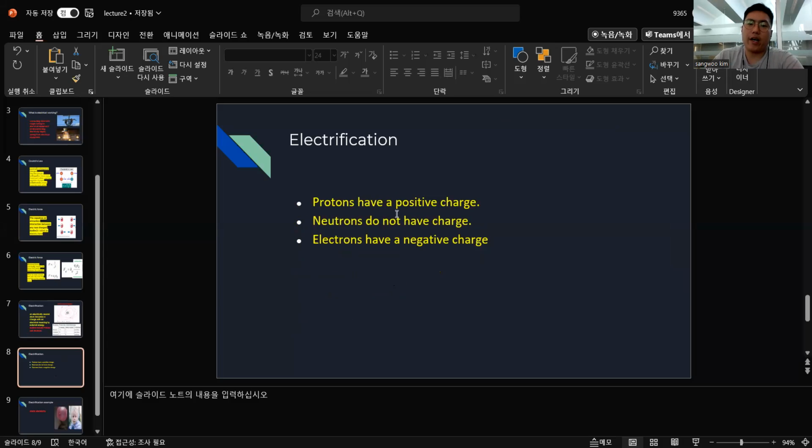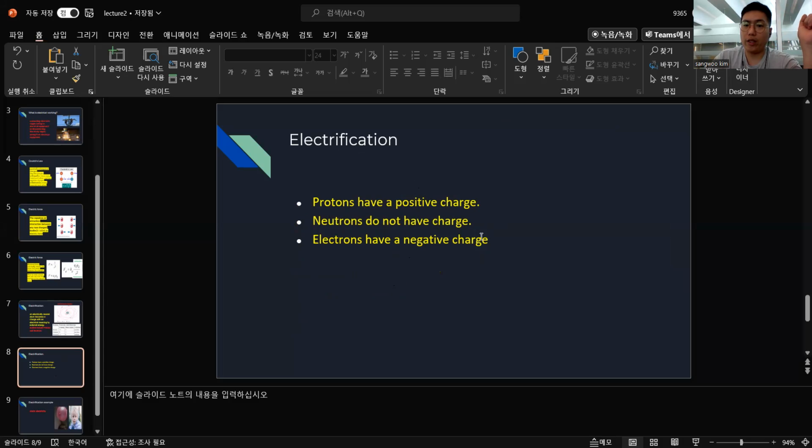So let's see. This is the conclusion. Protons have a positive charge. Neutrons do not have a charge. And electrons have a negative charge. But because of some external energy, it makes them become charged. Protons become positive charge, and electrons become negative charge.